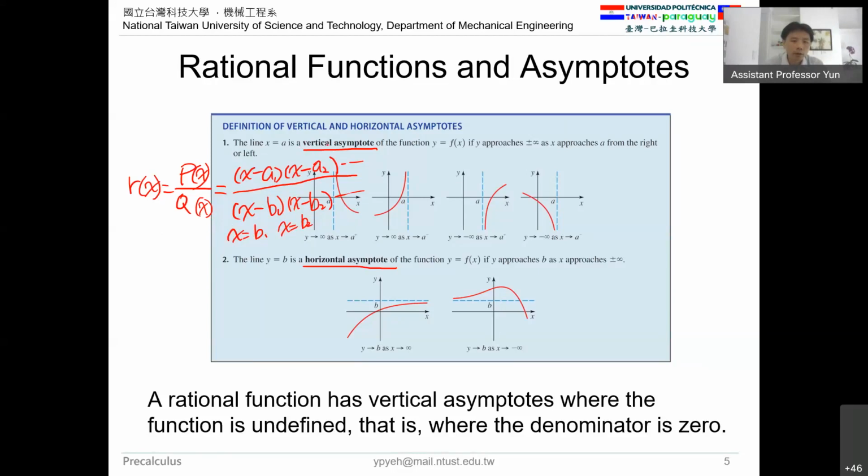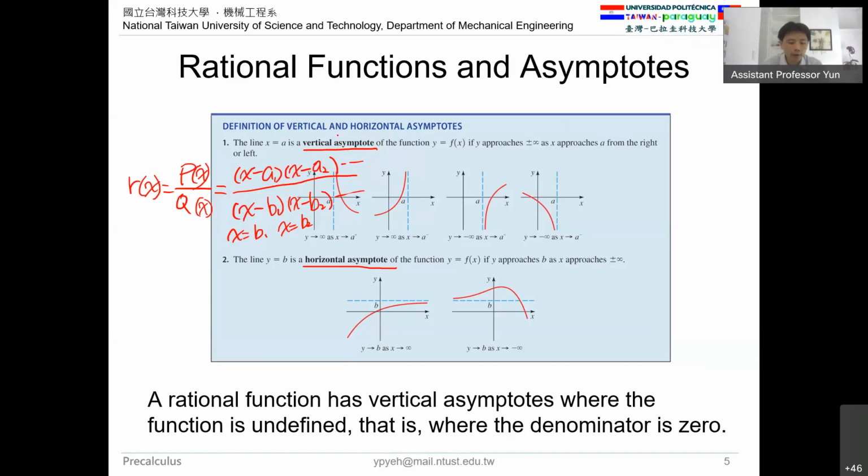As the vertical asymptote definition, the function will approach the asymptote, but will not intersect with these asymptotes, both the vertical asymptote and also the horizontal asymptote. So when x equals b1 or x equals b2, we will find these vertical asymptotes.